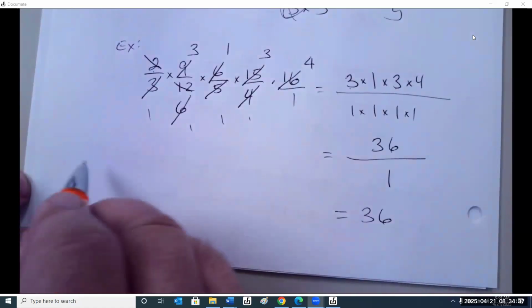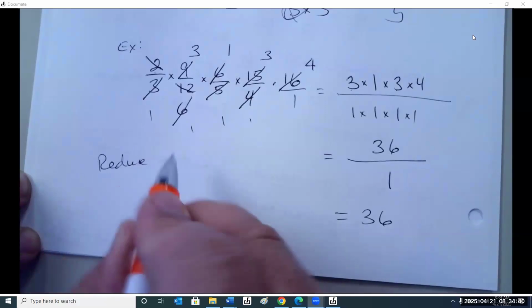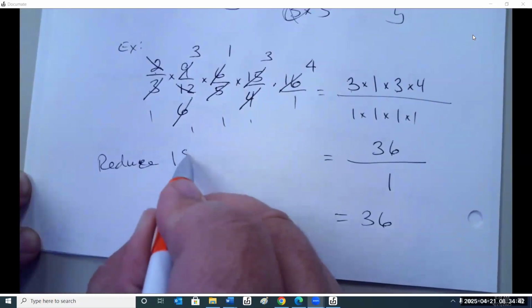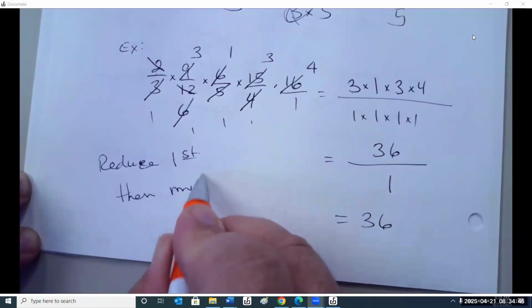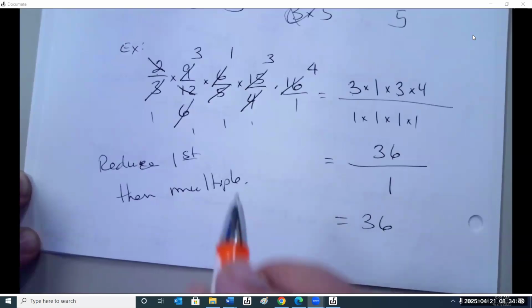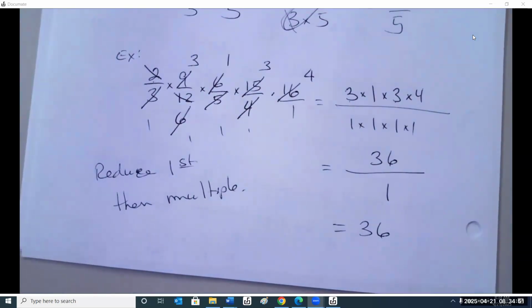So reduce first. Then multiply. You don't have to worry about anything else after that. You're done.